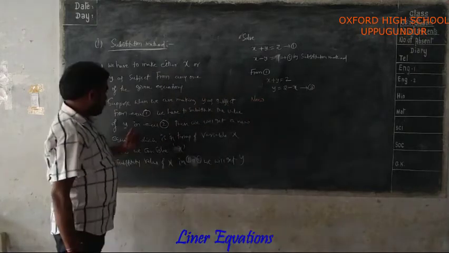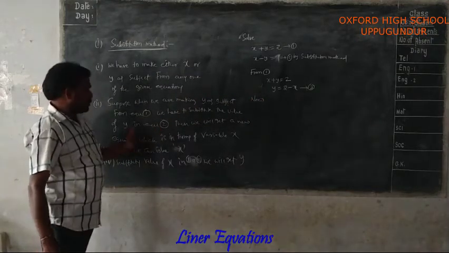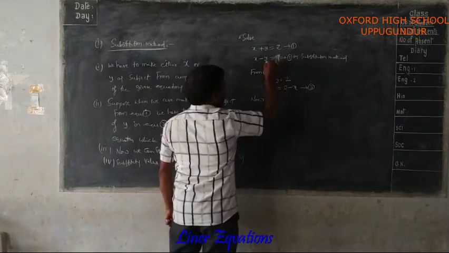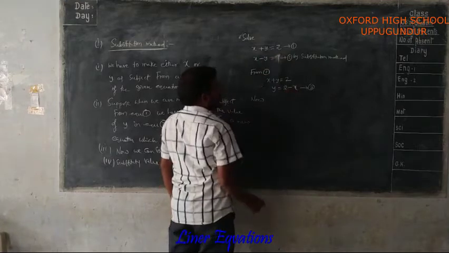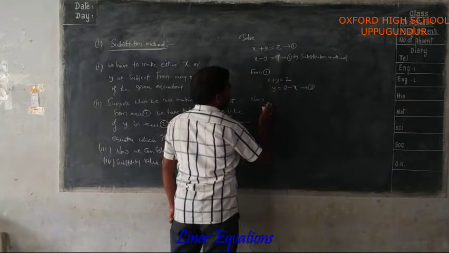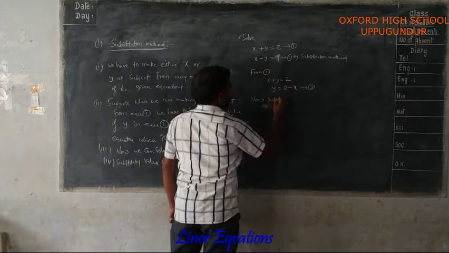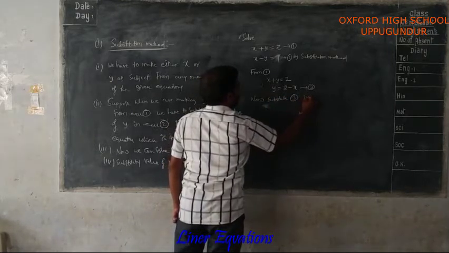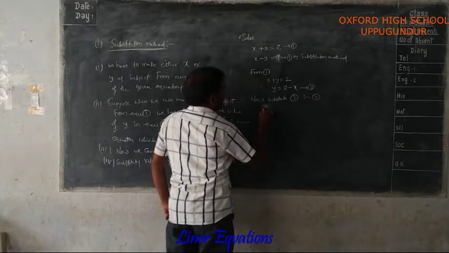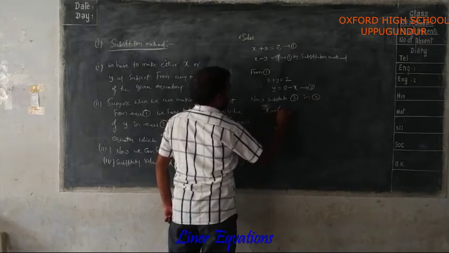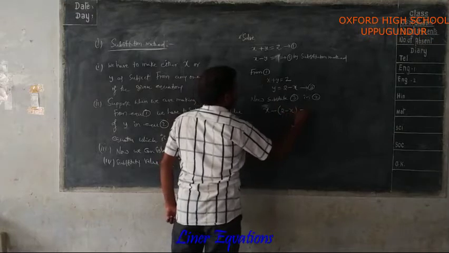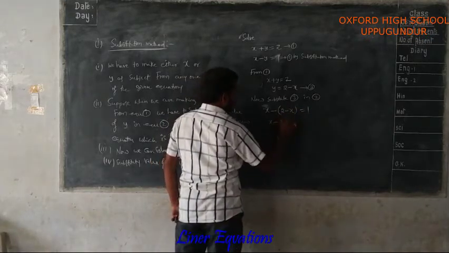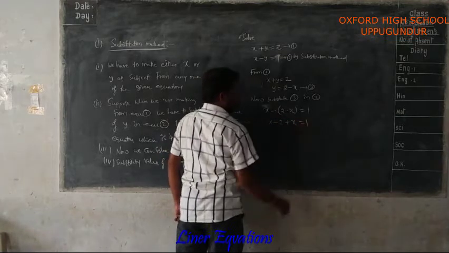Now we have to substitute the y value in equation 2. In equation 2, in place of y, we are substituting the value from equation 3. x minus, in place of y, you have to write 2 minus x, equal to 1. So multiplying, x minus 2, minus of minus plus x, equal to 1.